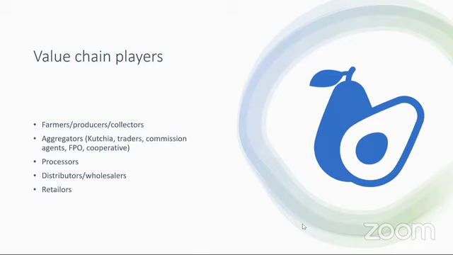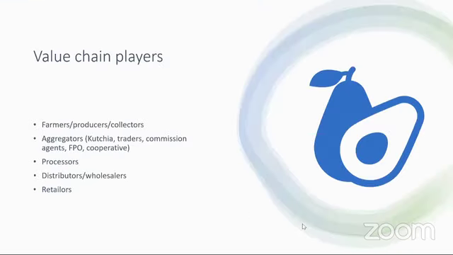The distributor, wholesaler, and retailers are much closer to the end customer, while processors can be in a state, but the distributor, wholesaler, and retailer may be in the same district or same city, whereas processors will be in the state where the produce is mostly produced.